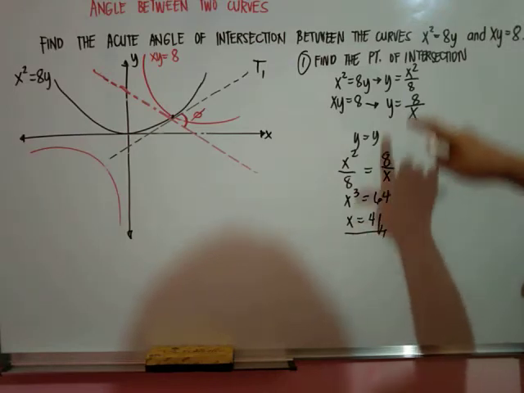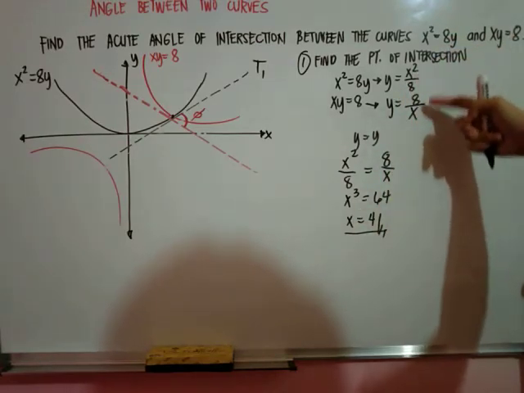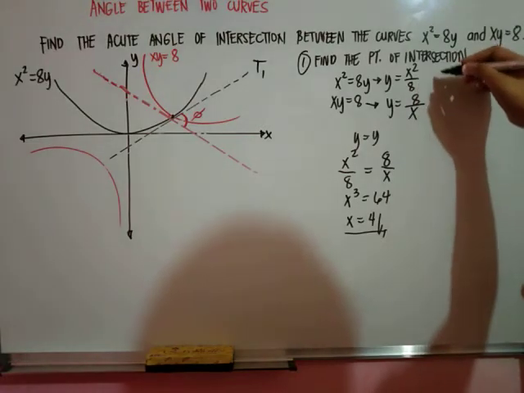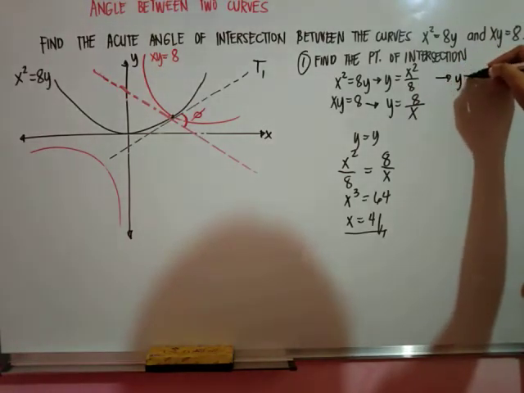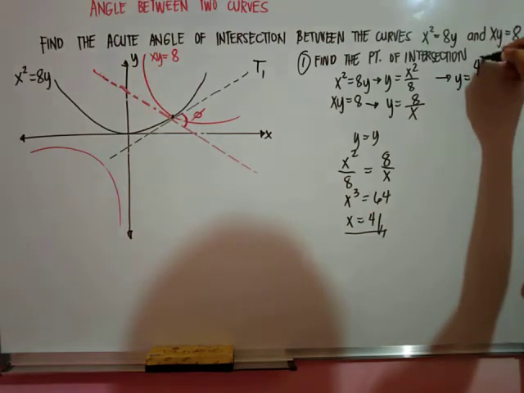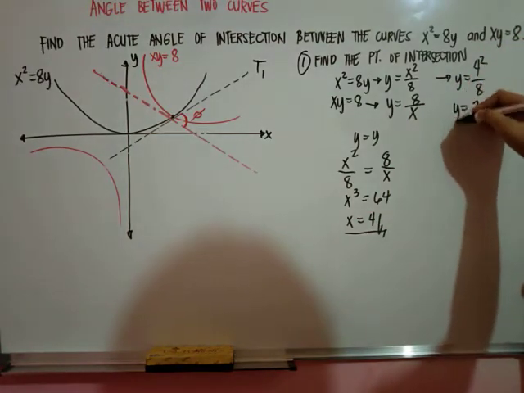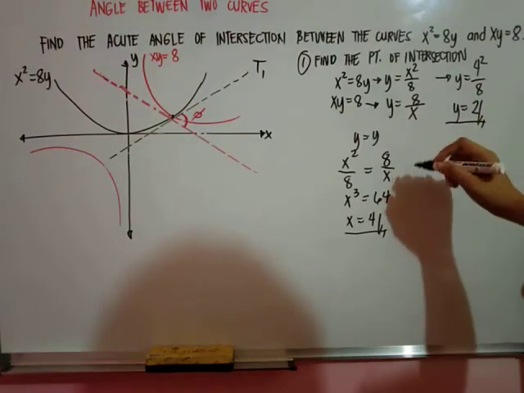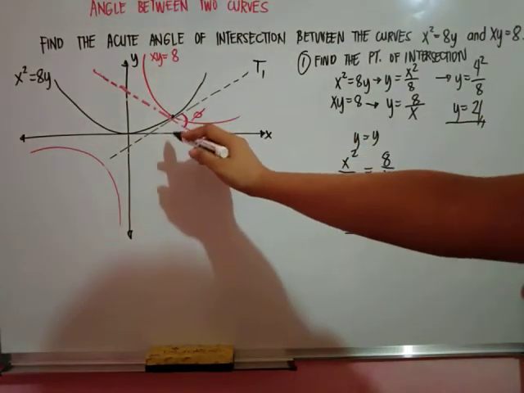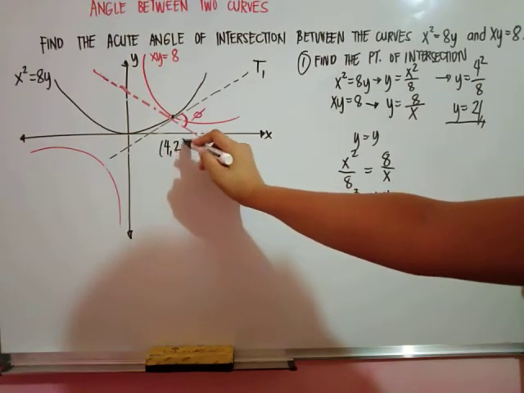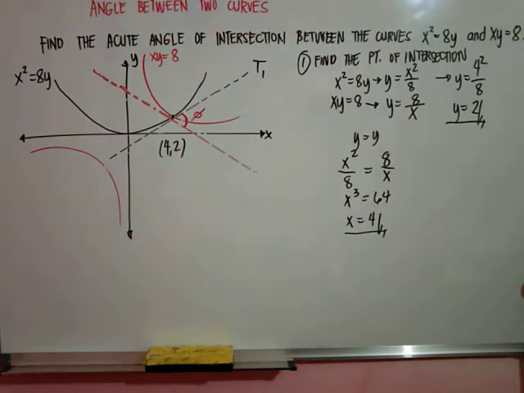Substitute lang natin kahit aling equation. Halimbawa, y is equal to 4 squared over 8. So, we have 16 over 8 is 2. Therefore, yung point of intersection natin dito is (4, 2). So, nakuha na natin yung point of intersection.